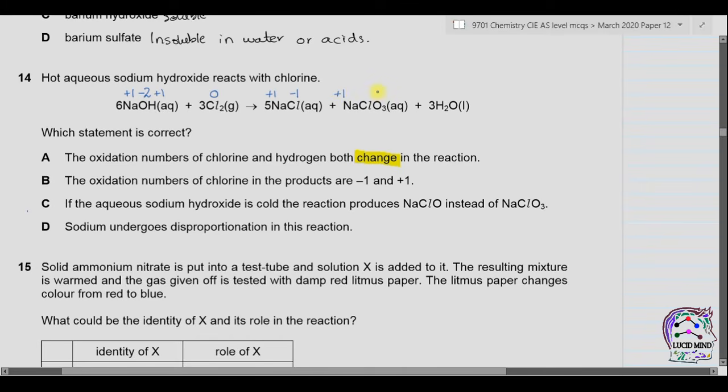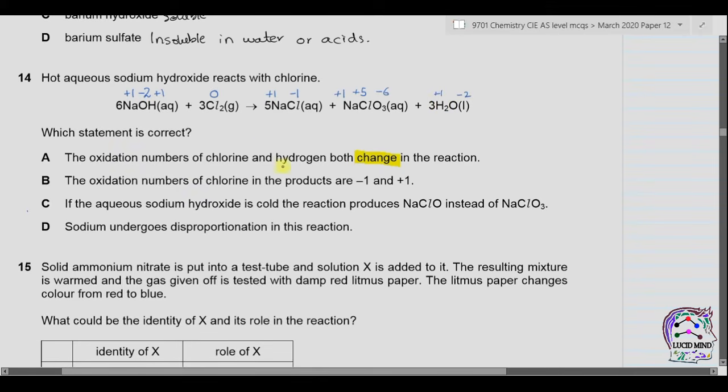There are 3 oxygen atoms, so the overall charge is -6. So the positive charge should be +5. Water, oxygen is -2, so hydrogen is +1. Again there are 2 hydrogen atoms, so each hydrogen atom has +1.